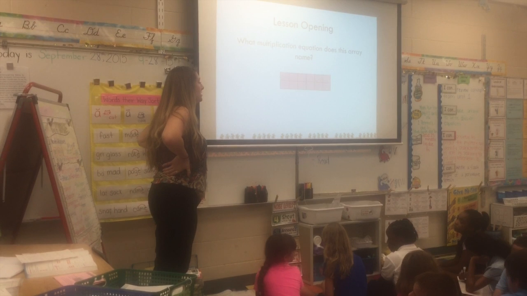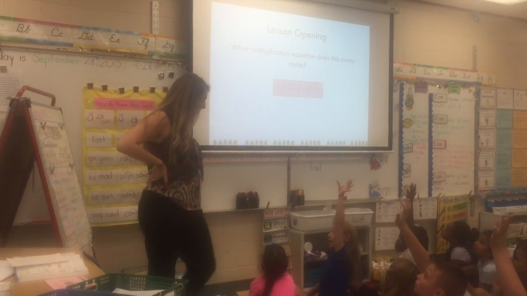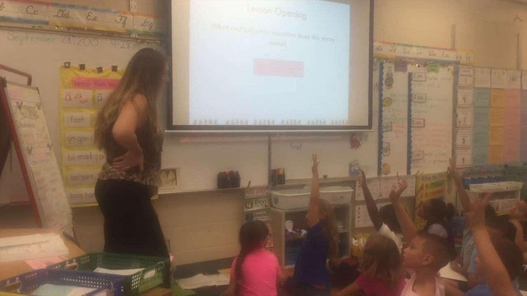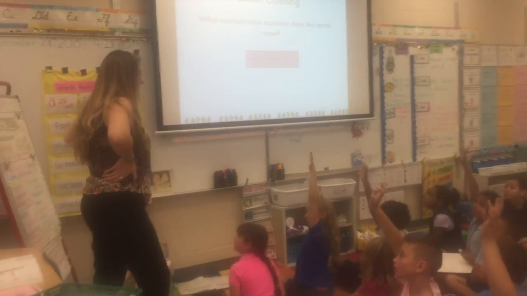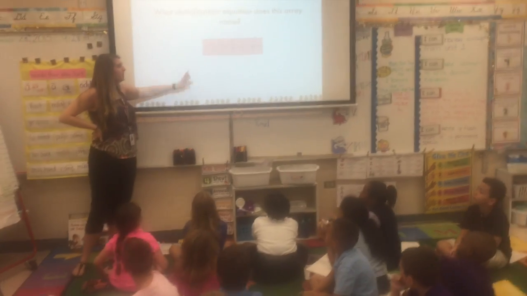All right, so let's look at this. What multiplication equation does this array name? Who can tell me? Noah? 2 times 6 equals 12. And why is it 2 times 6 equals 12?